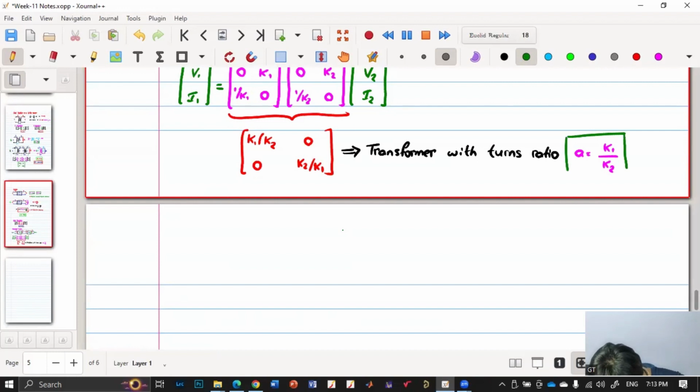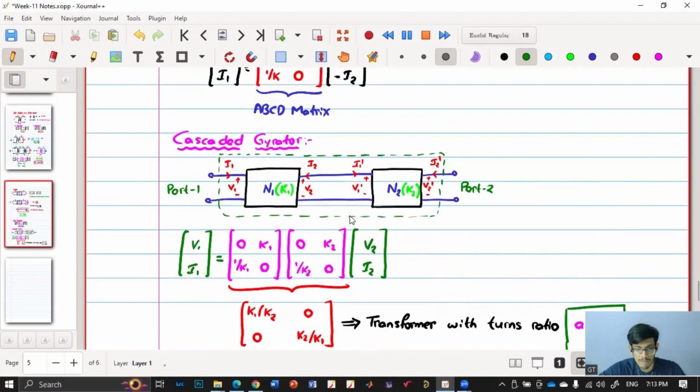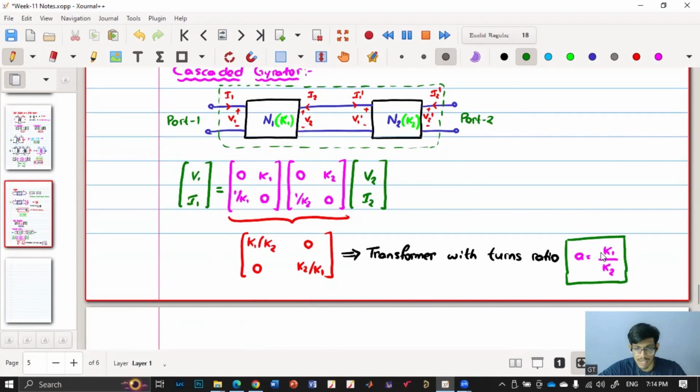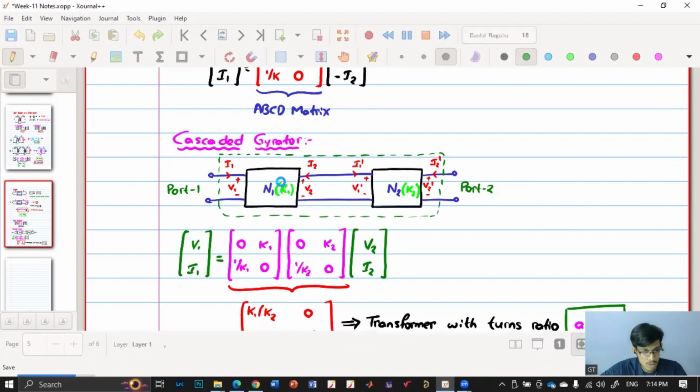So if two gyrator circuits are connected in cascade, then it works like a transformer, and the turns ratio A is given by K1 by K2, where K1 is the gyrator constant of the first two-port network and K2 is the gyrator constant of the second two-port network.